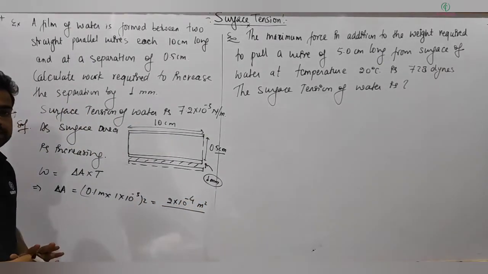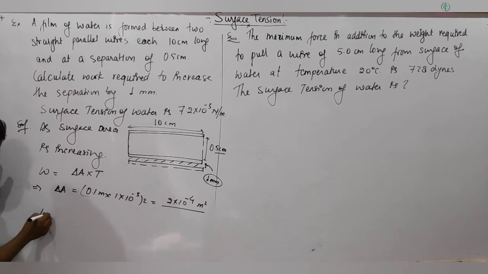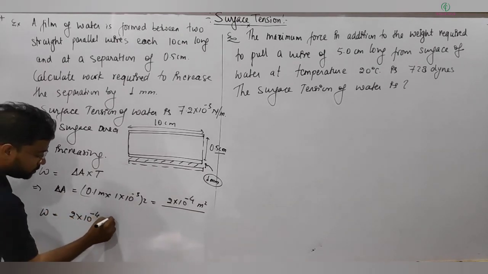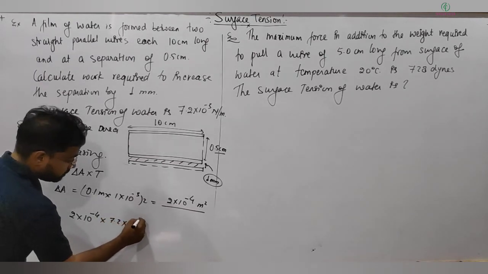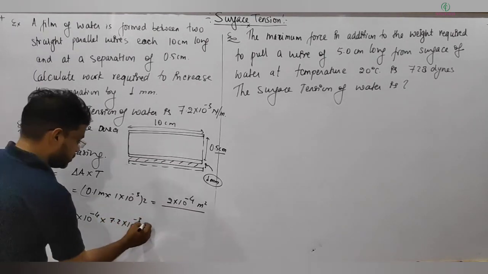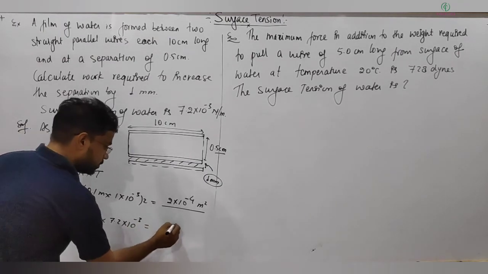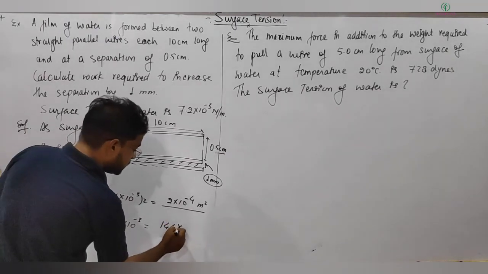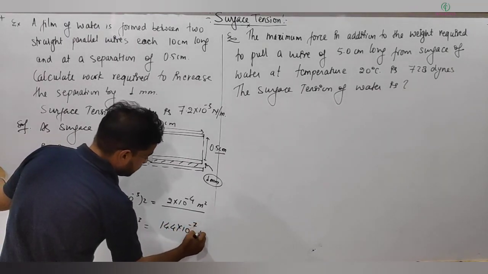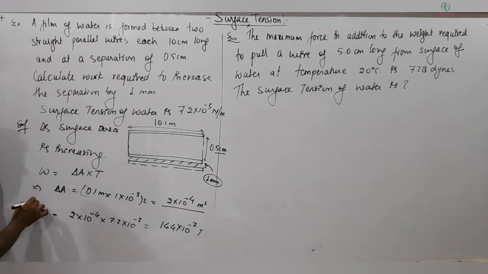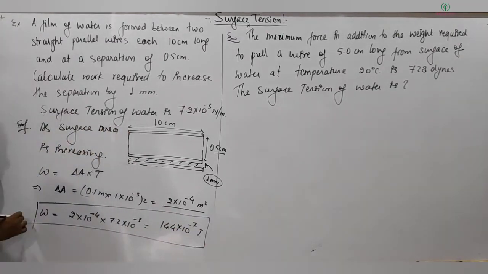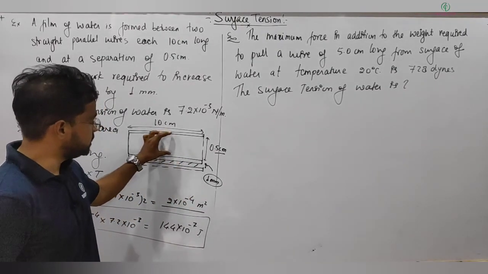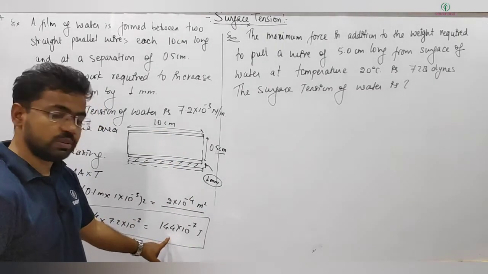Then work done is equal to 2 multiplied by 10 to the power minus 4 into 7.2 into 10 to the power minus 3, and that comes out to be 14.1 into 10 raised to the power minus 7 joule. That will be the work required to increase the separation between these two wires by 1 mm. So I hope it should be clear.